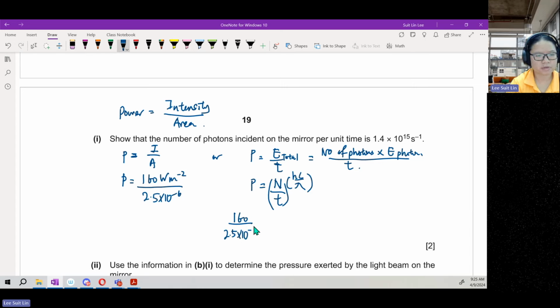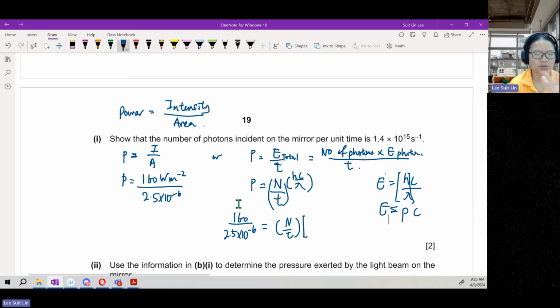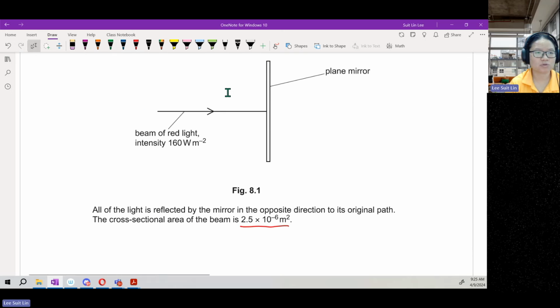2.5 times 10 to the power negative 6, n over t, big bracket, hc over lambda. I have h over lambda. But h over lambda is momentum, right? So can I use momentum? I mean, feel free to use hc over lambda, but I also have momentum.